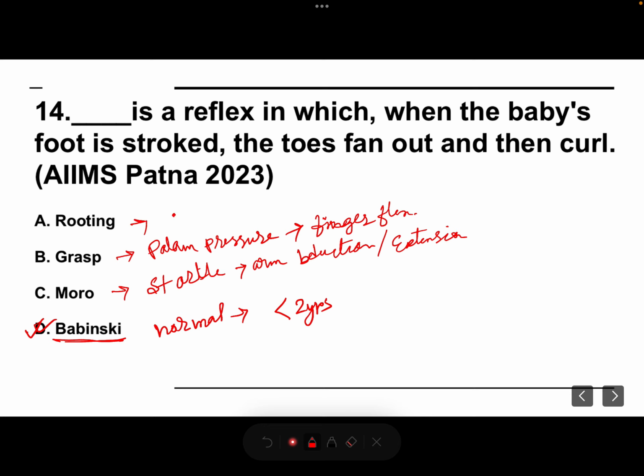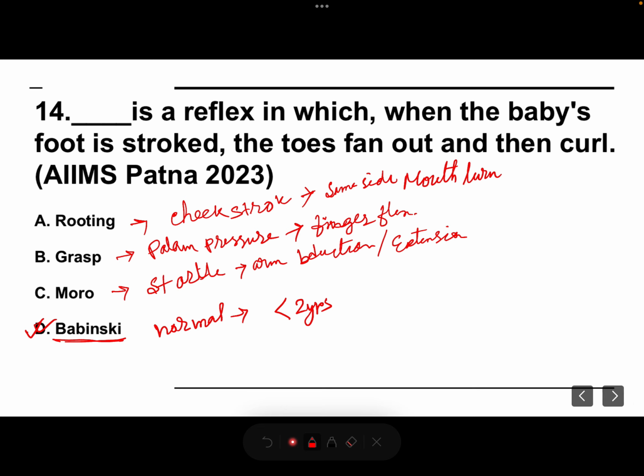Rooting is cheek stroke, same sided. Mouth turn, mouth opening or feeding reflex.